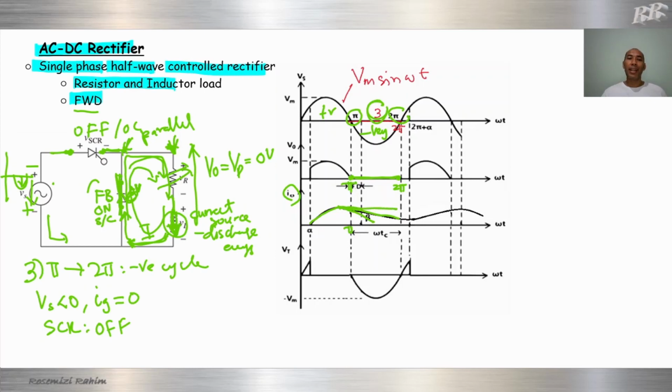It depends on the discharging time, because the discharging is equal to L di over dt. We can select a suitable inductor to make our discharging time longer or shorter. For this case, let's assume it discharges until 2 pi.